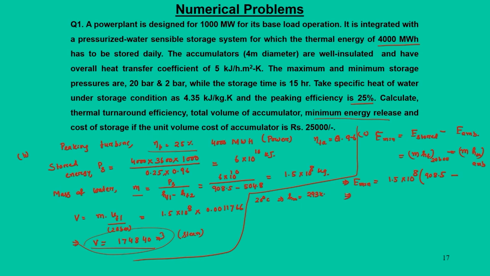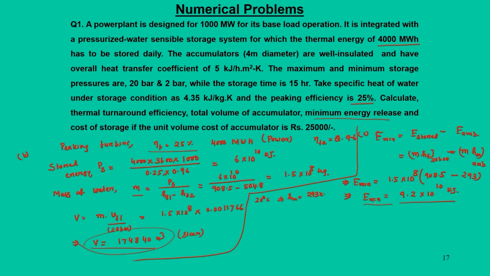So, this will give you minus 293. So, E minimum becomes 9.2 into 10 to the power 10 kilojoule. That means, this is the minimum energy which can be released from the steam.